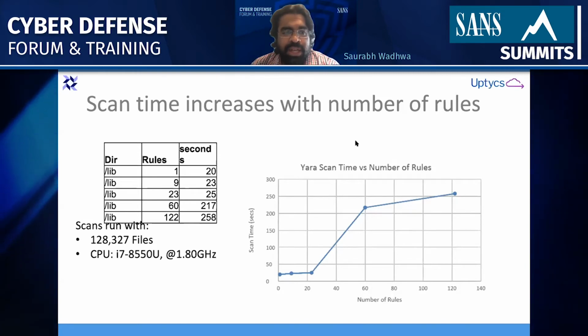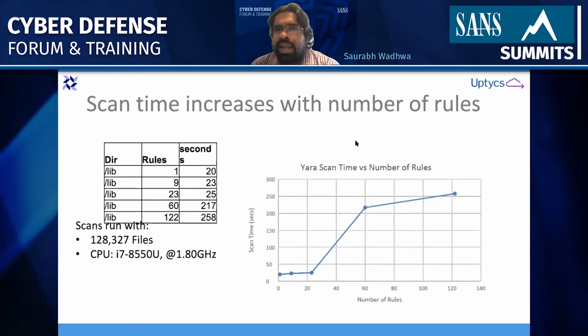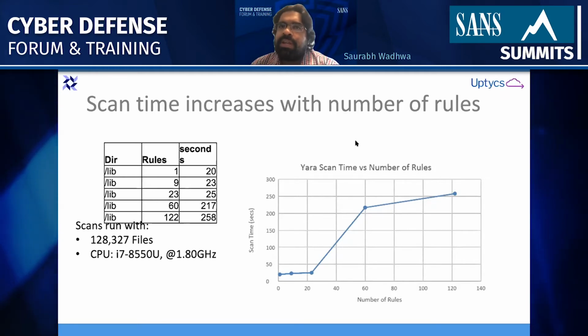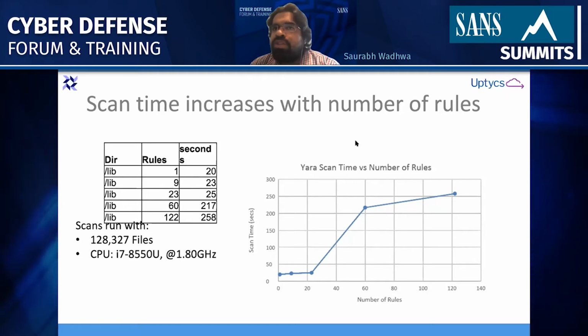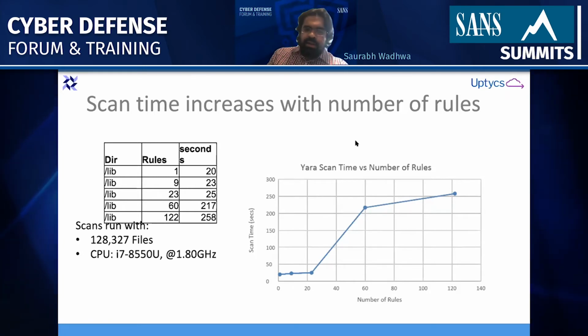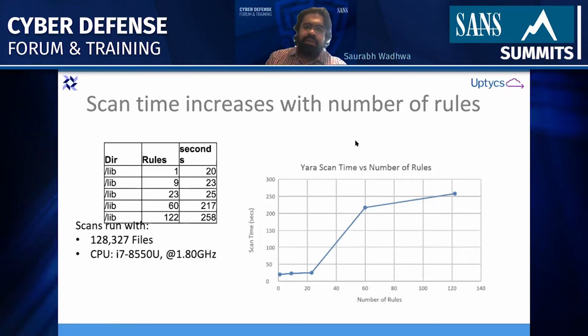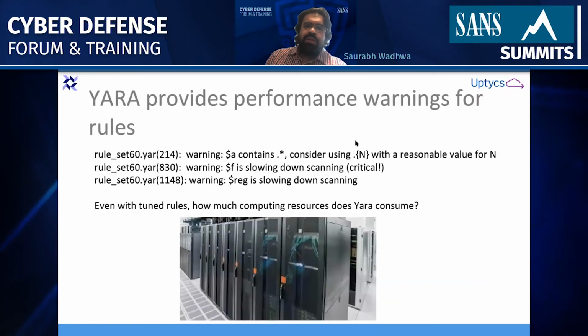And if the number of rules increases to 122, the scanning time is 258 seconds. So these are a few limitations of YARA when it comes to resource utilization, how much time it spends running the scan. It was tested on an i7 machine with a 1.8 gigahertz processor.